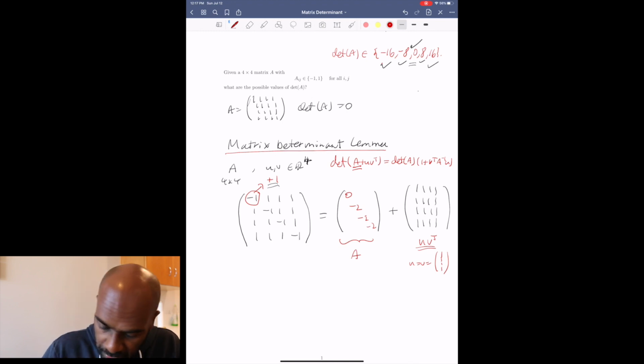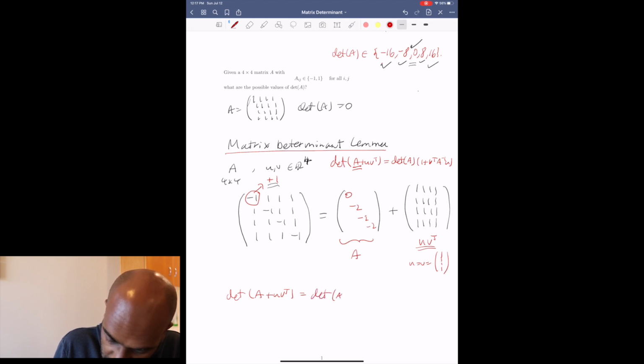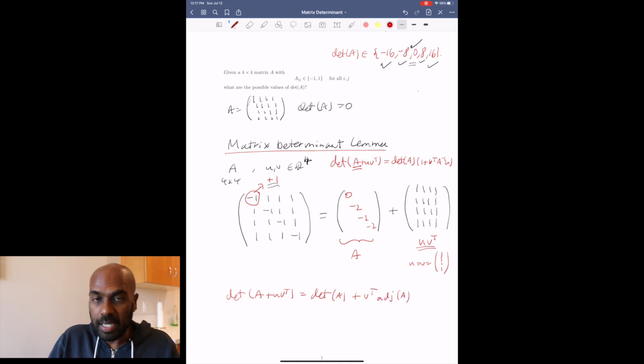So what do we do? There's another version of this lemma that actually states that the determinant of A plus UV transpose is the determinant of A plus V transpose times the adjugate of A times U. And I'm not going to get into the details of this modification, but I'll say two things about it.